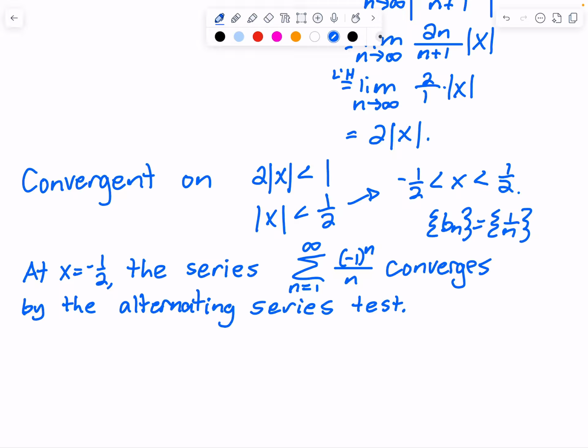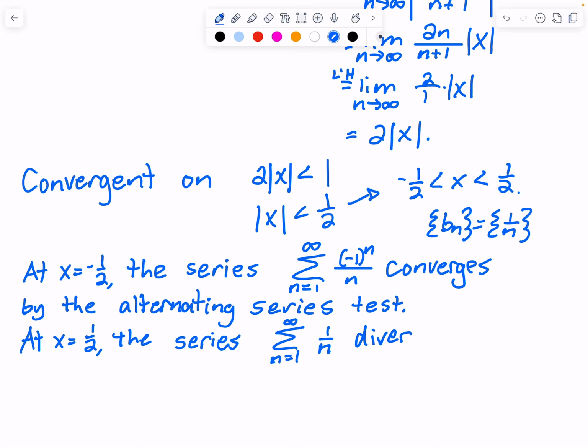So we do know that negative 1/2 converges, but if I plug in x equals 1/2, the series becomes the sum from n equals 1 to infinity, but we just get 1 over n this time. Well, that's the harmonic series that diverges. That one's one to know by heart.